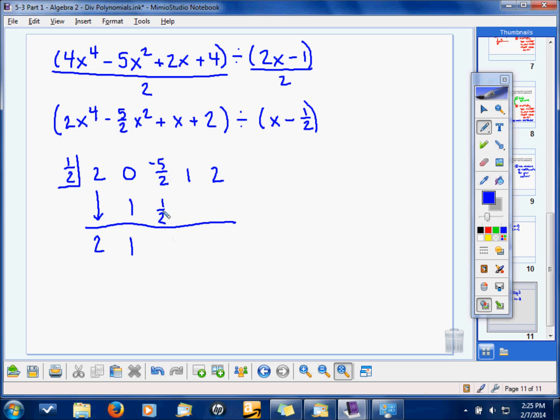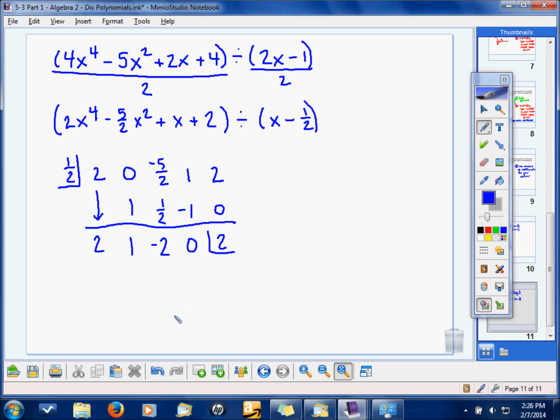Negative 5/2 plus 1/2 is negative 2. So this is turning out not to be so bad. 1/2 times negative 2 is negative 1, and this is 0. 1/2 times 0 is 0, and 2. And we do have a remainder.